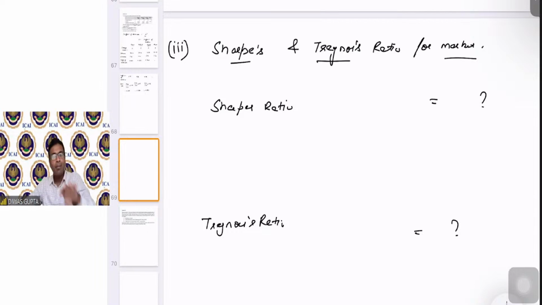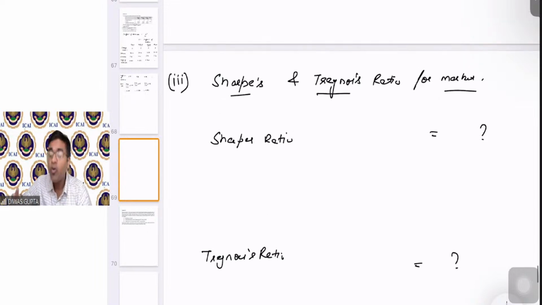Perfect. Now, students, please concentrate here. I am asking for market. What is my Sharpe and Treynor ratio? First of all, please give me what is the Sharpe ratio. It is very easy, students. Although this is a bit tricky, but this is very easy. Just think, what is the Sharpe ratio for the market?